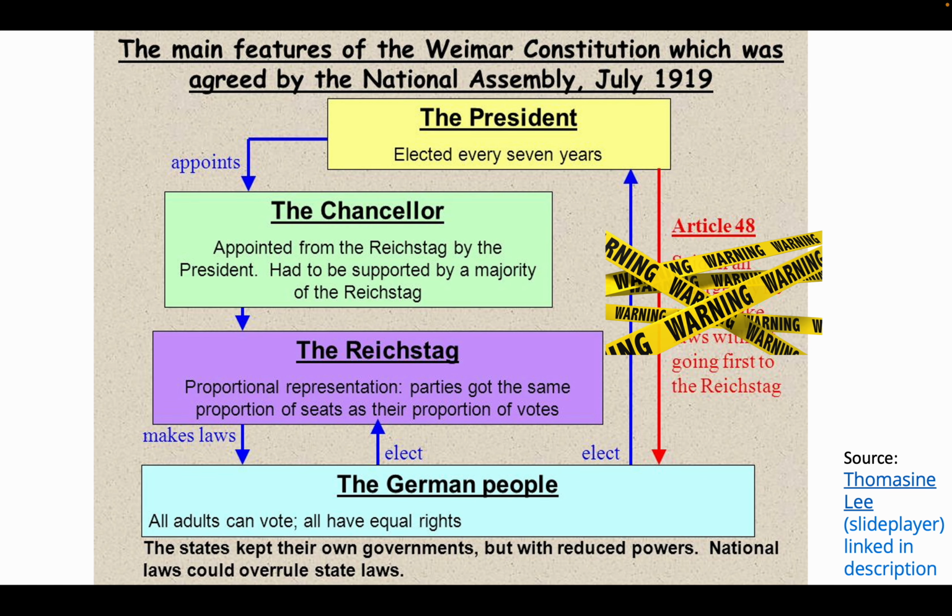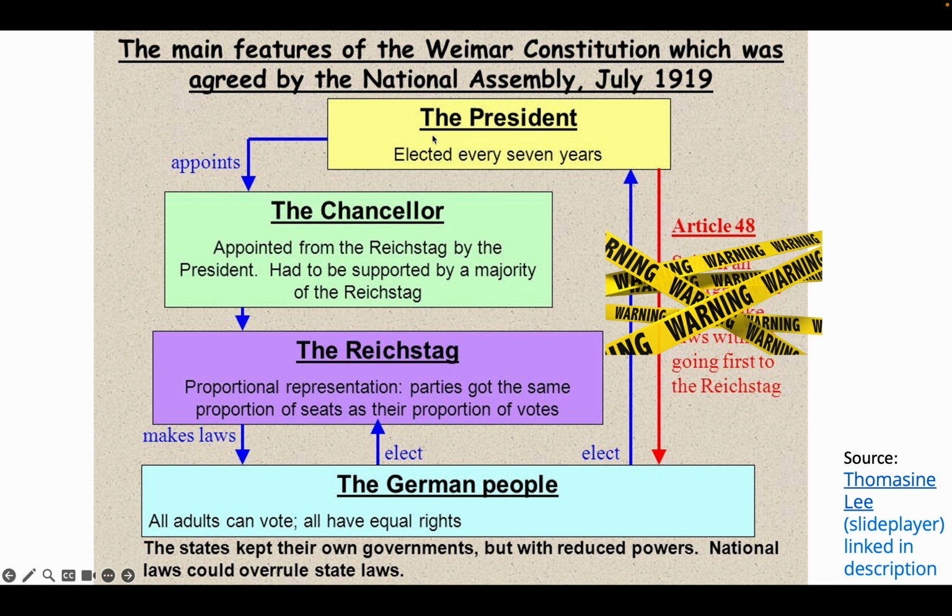And these are the main features of the Weimar Constitution, which was agreed by the National Assembly in July of 1919. So first of all, we had the German people. All adults could vote. Remember, you had to be over 20, but everyone, including women, could vote. And they all had equal rights. The German people voted for the president, who was elected every 7 years.